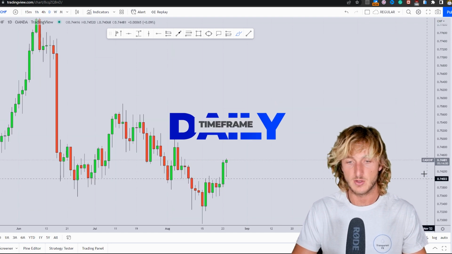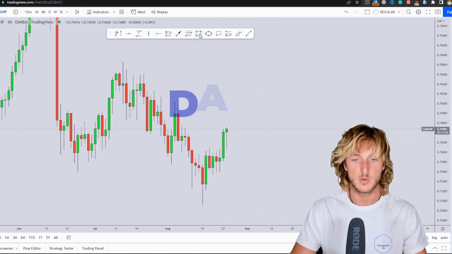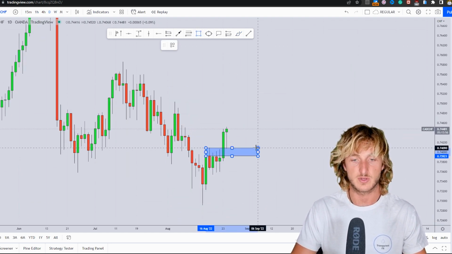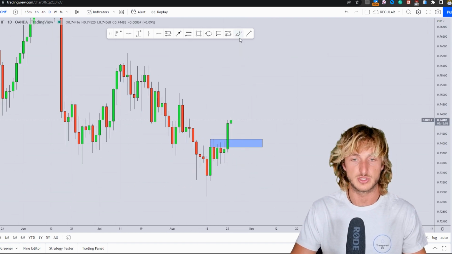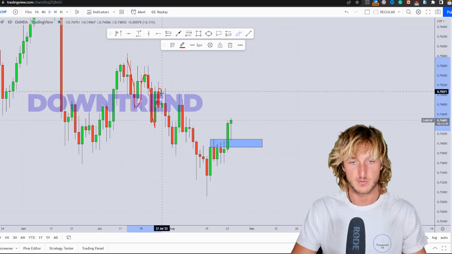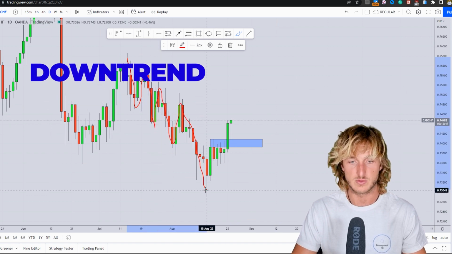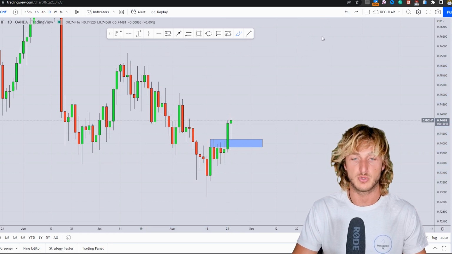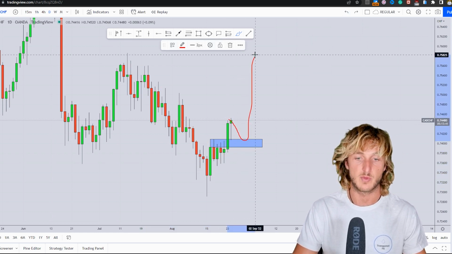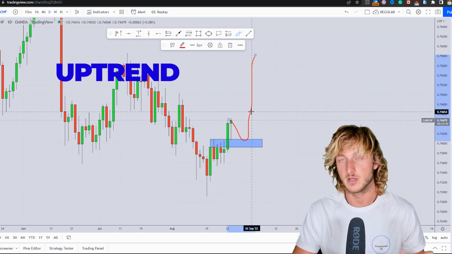If we drop down on the daily, what do we see? From a daily perspective, we can see how the market has just shifted from having daily bearish structure to now having daily bullish structure. In fact, we went from creating a series of lower lows and lower highs to now having the first higher high, and potentially at this point, we would like to see the market print a new higher low.